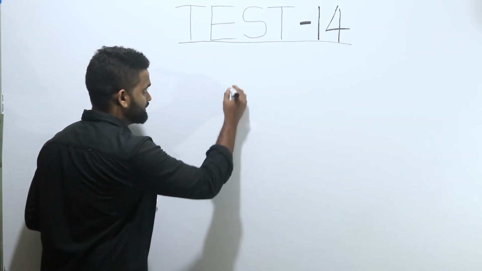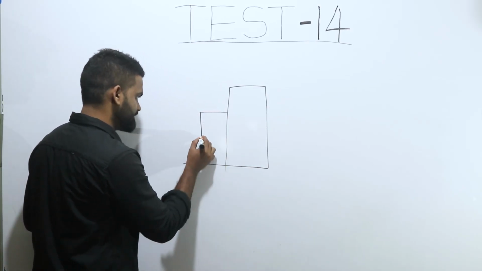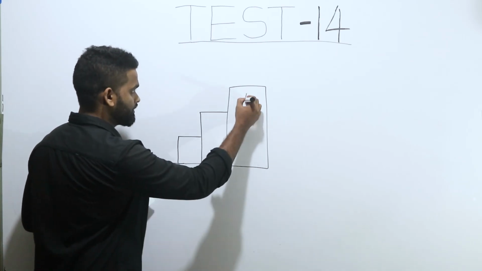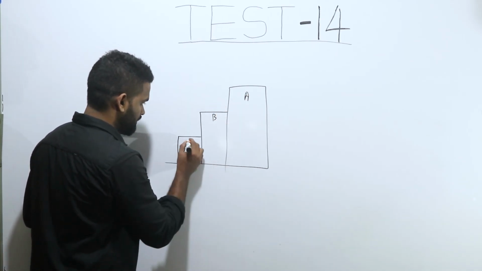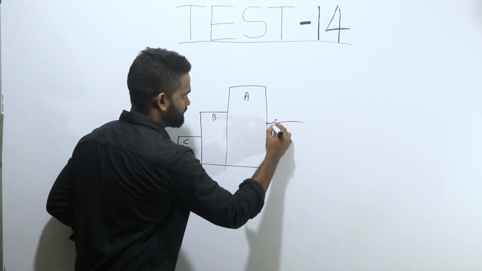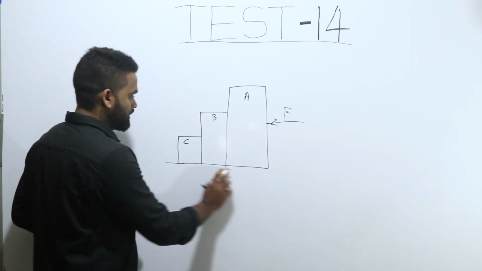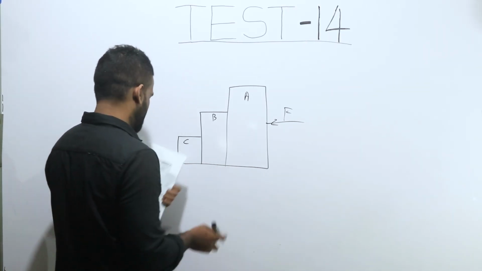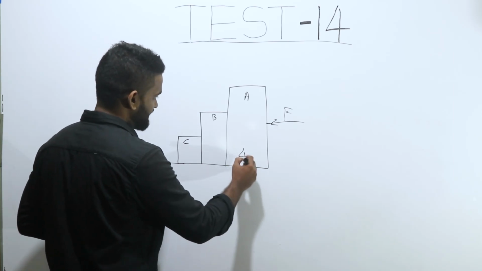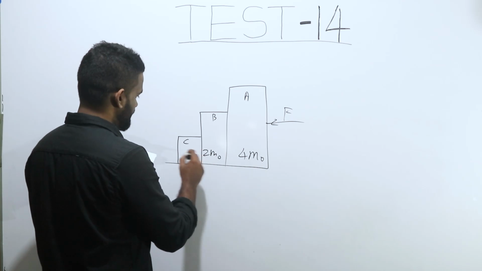So you have this A, then B, then C. Then there's a force capital F applied on this system. It is on a smooth plane. Then the masses are given as 4m0, 2m0, m0.